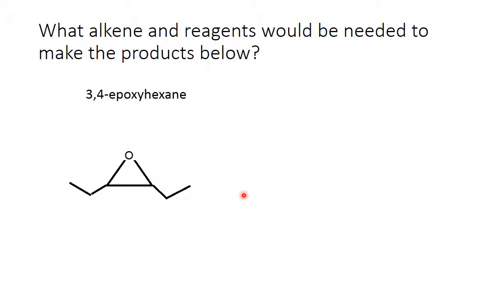This has to be formed from a peroxy acid. So what are we going to have? An alkene, so the double bond's going to have to be here, and there's my alkene. And any peroxy acid you could use, MCPBA, PBA, or peroxyacetic acid, or any peroxy acid will give you this epoxide.